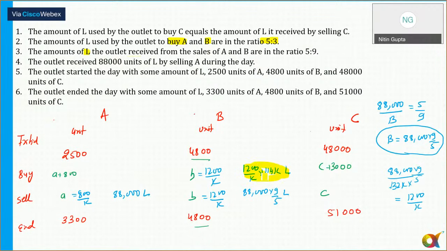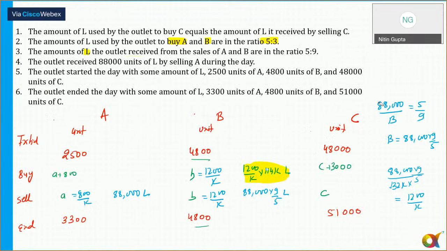It is 1200 by K into 114K in terms of L. This is the total amount used by the outlet in the local currency. So these are in the ratio 5:3, so whatever the amount for A is there.